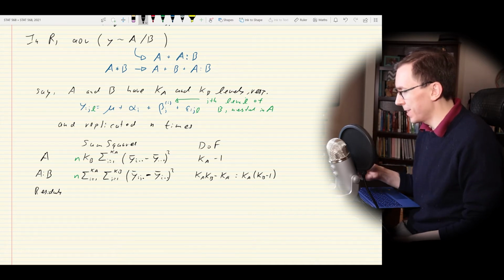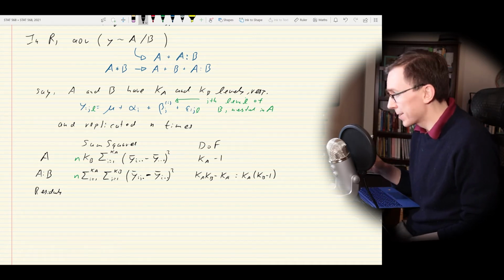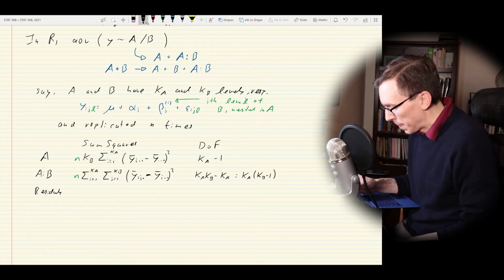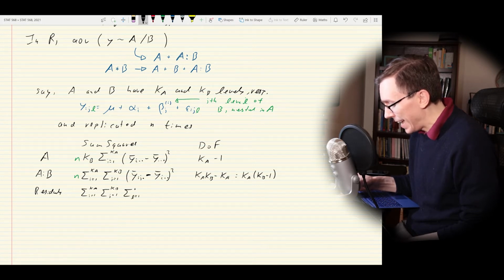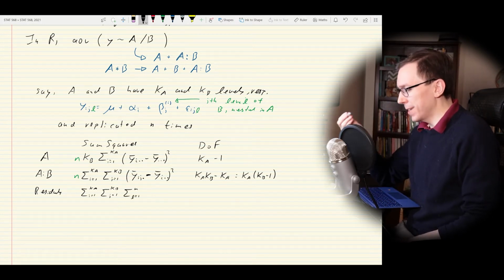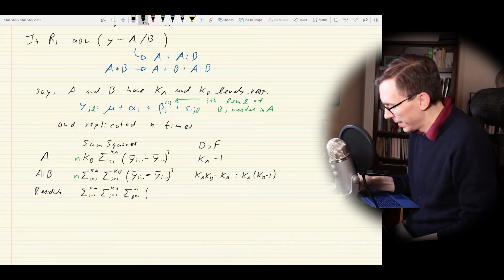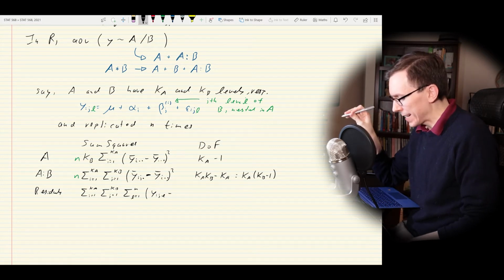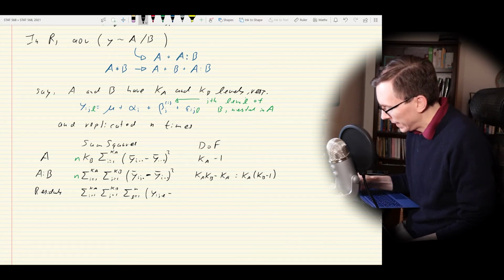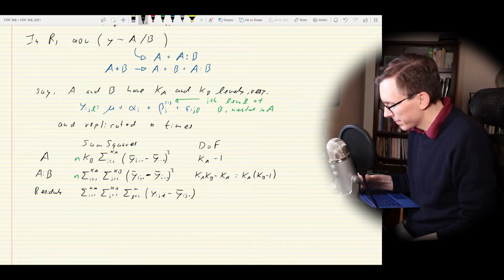Now we'll have enough degrees of freedom left over for the residuals, and the residuals will look like the sum, in this case, i from 1 to Ka, j from 1 to Kb, and l from 1 to n. So now we're going to be summing over everything, summing Yijl, and subtracting the ijth category mean with a dot there.